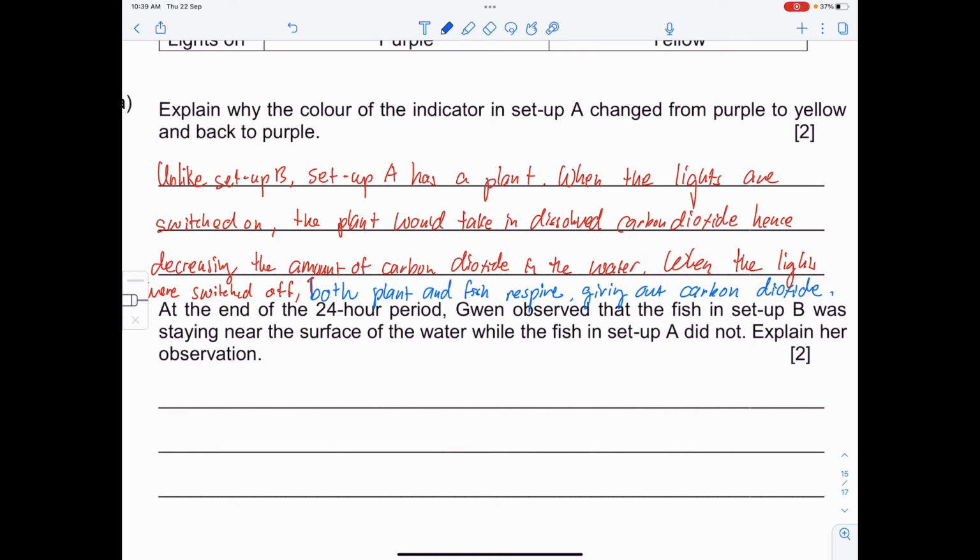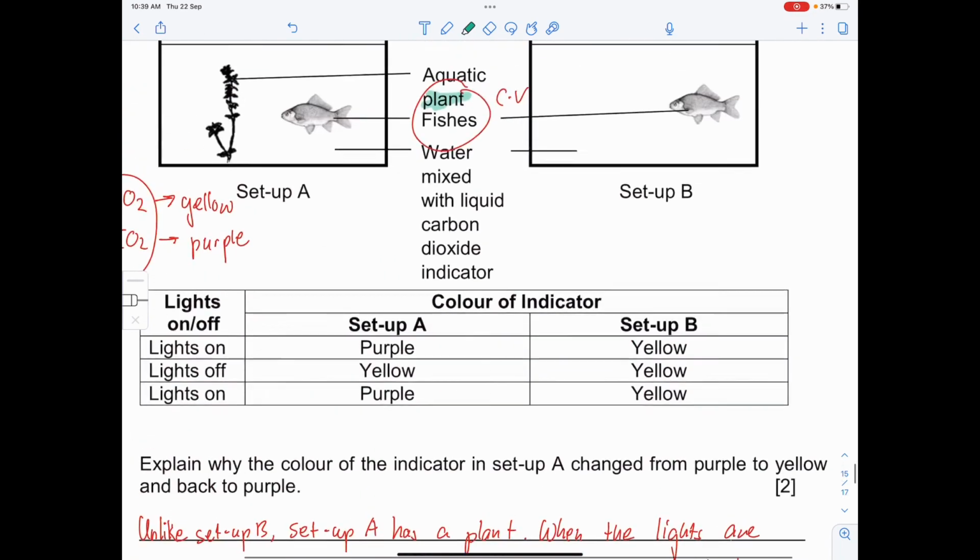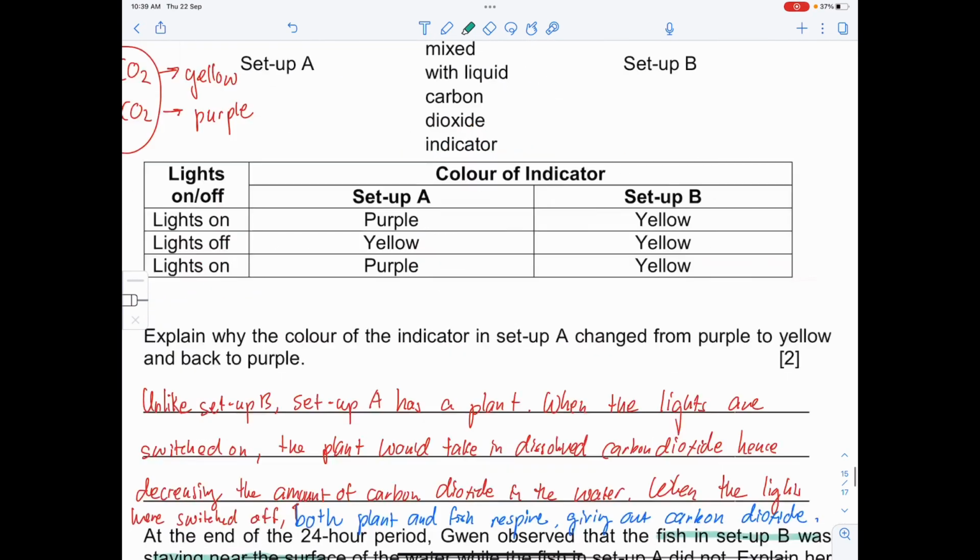At the end of the 24-hour period, Gwen observed that the fish in setup B was staying near the surface of the water, while the fish in setup A did not. Explain her observation. So think about it. What is the difference between these two? One has a plant and one doesn't.